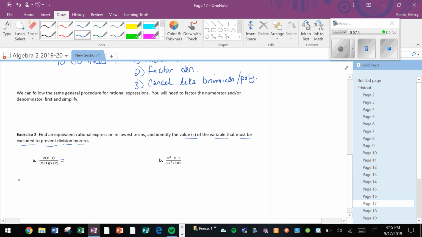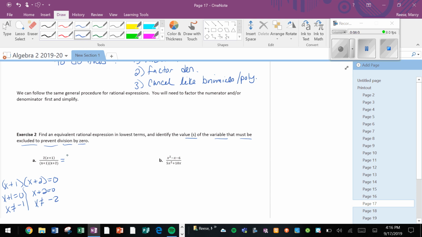So you're first going to come off to the side, take that denominator, and set it equal to 0. There's 2 x's, so you're going to set both of them equal to 0 and solve. So x cannot equal -1, and x cannot equal -2. Those are the values that should be excluded as the answers.